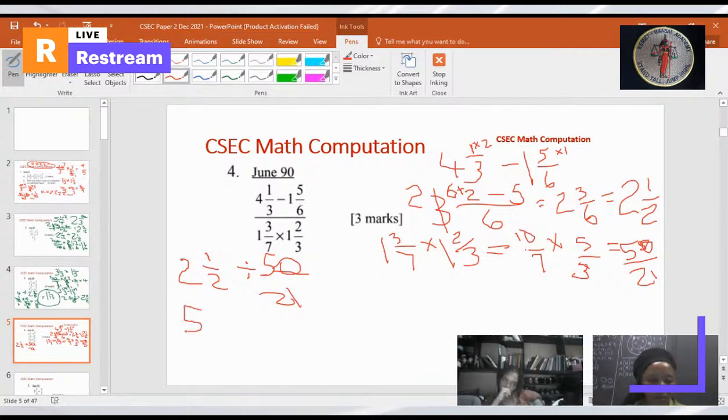Then you change the division to multiplication and invert the second fraction, so 50 over 21 becomes 21 over 50.